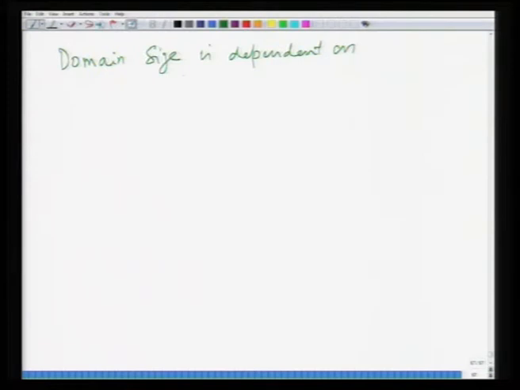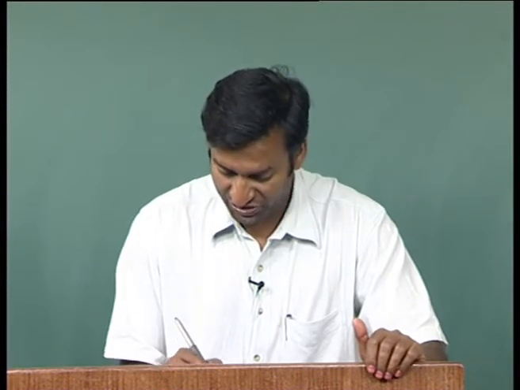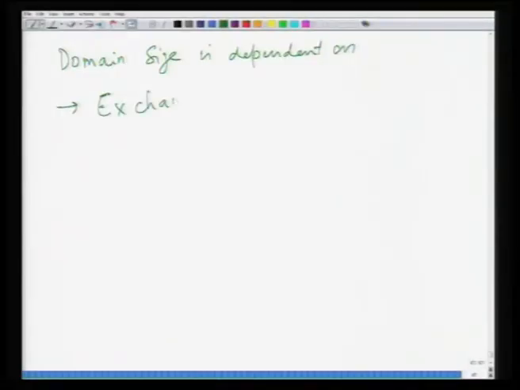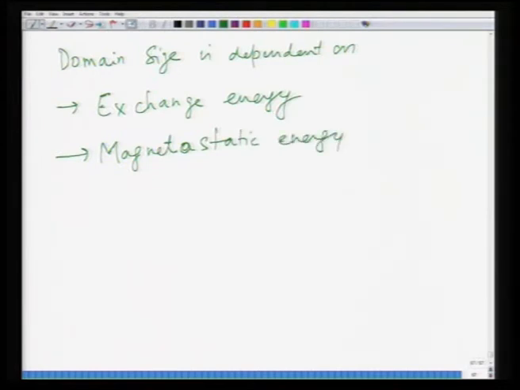The balance between them arises because some of these energies are positive and some are negative. Of course you have exchange energy, and you have magnetostatic energy, which is essentially due to the surface flux density.